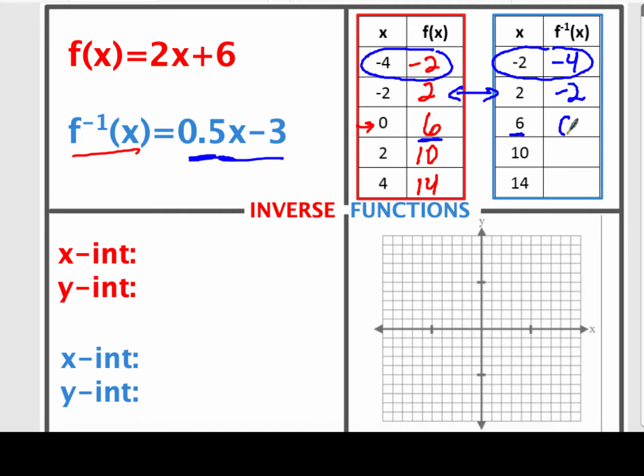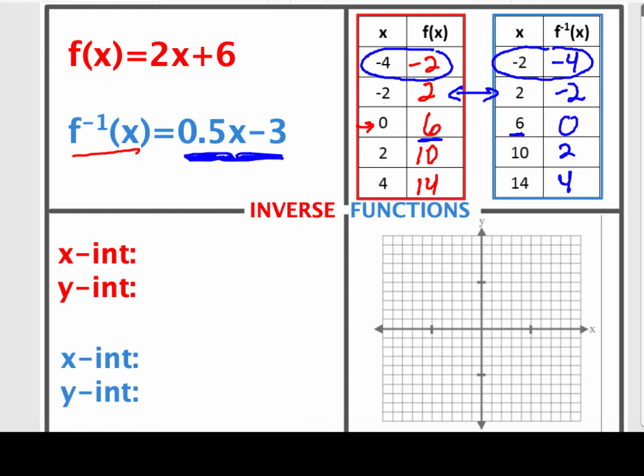I should get 0 back when I plug in 6. 6 times 1/2 would have been 3, minus 3 would have been 0. And again, the same thing goes for 10 and for 14. You can verify those by plugging those into that f inverse function. But basically, you're switching your x's and your y's.